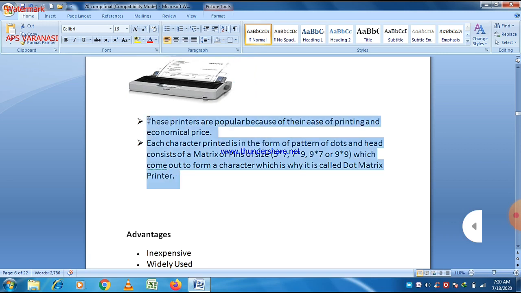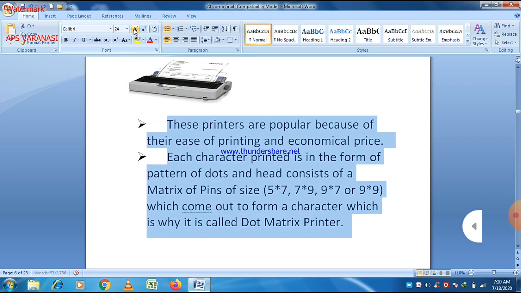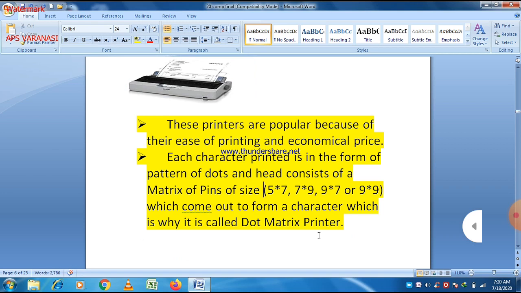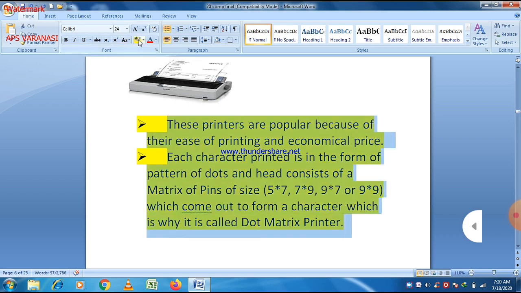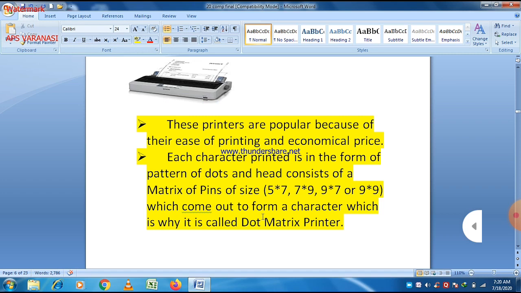These printers are popular because of their ease of printing and economical price, and each character is printed in the form of a pattern of dots. The head consists of a matrix of pins of size 5 by 7, 7 by 9, 9 by 7 or 9 by 9, which come out in the form of a character, which is why it is called the dot matrix printer. So these are the two important points regarding dot matrix printers.